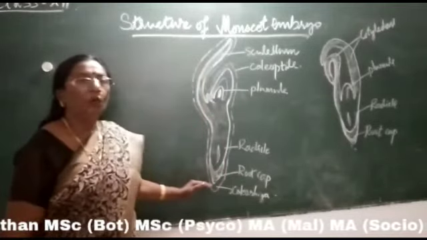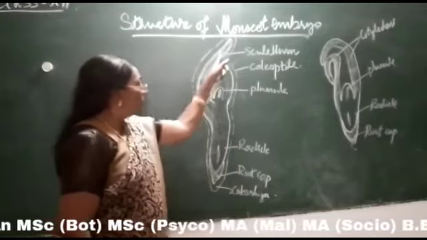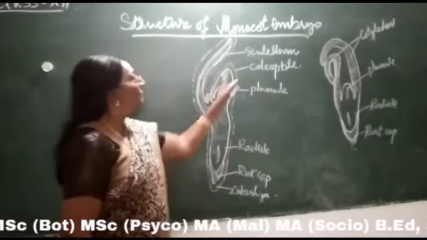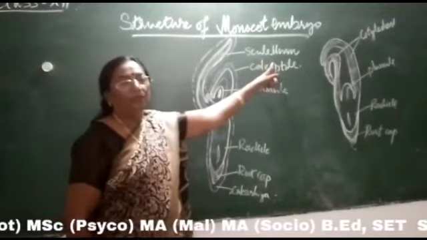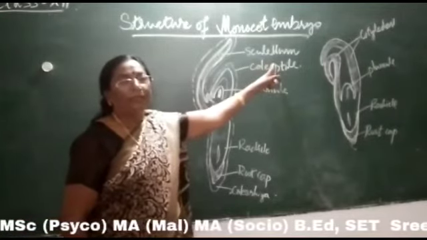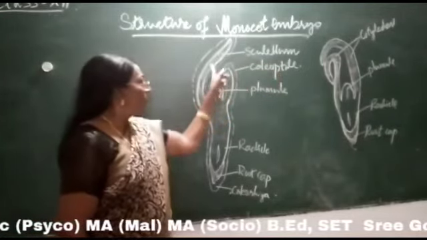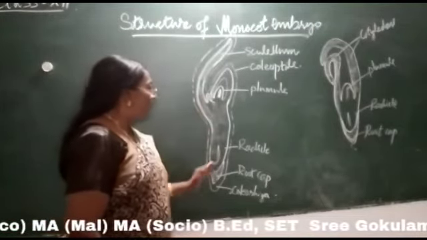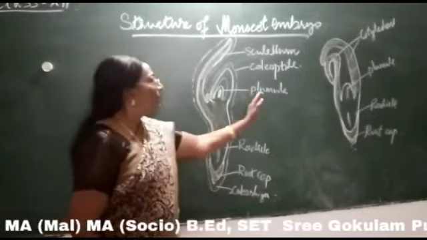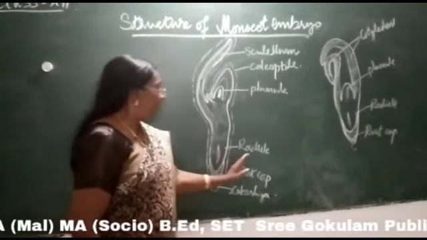There is only one cotyledon, which is known by the name scutellum. And the embryonal axis consists of the plumule and radicle.